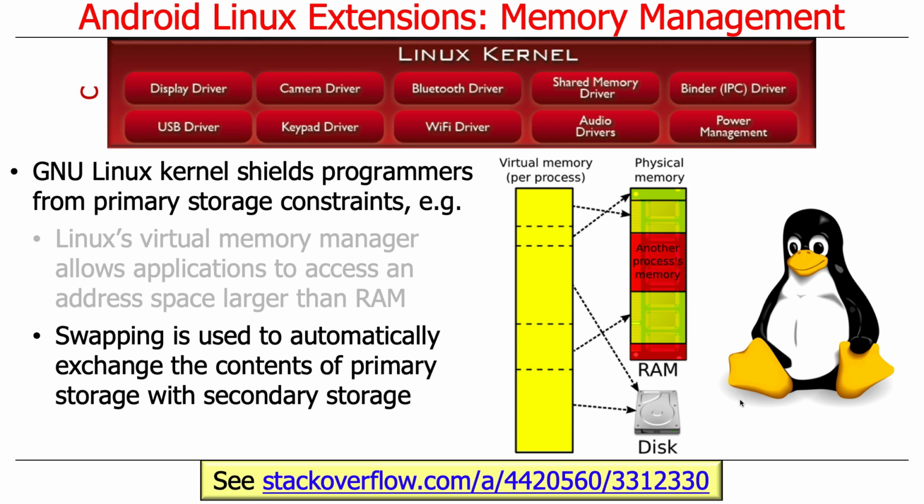run on a phone. On GNU Linux, they have this concept called swapping, which says when main memory starts to fill up, the operating system will take portions of the contents of apps running in main memory and move them back to secondary storage to free up primary memory. That's called swapping.